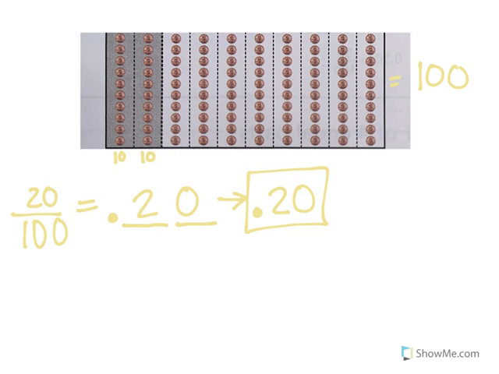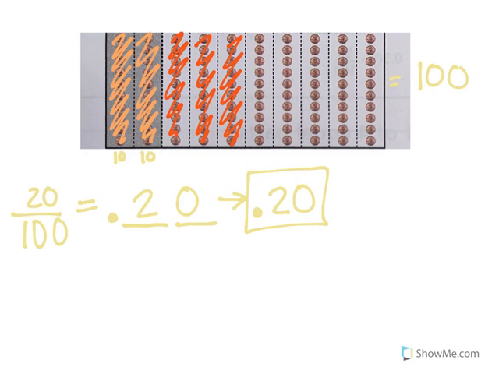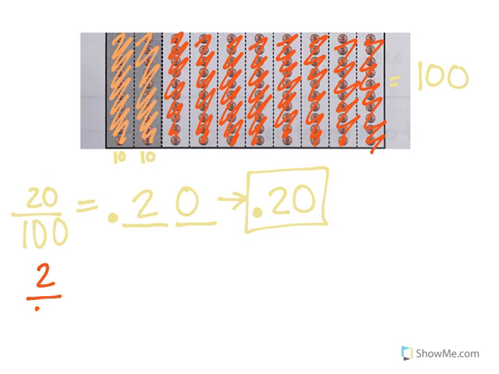Now the same concept as before. This time I have 2 of my 10 pieces, and I'm filling these in just so you can realize that these are part of it too. Each one of those is a tenth. I have 2 tenths colored in.